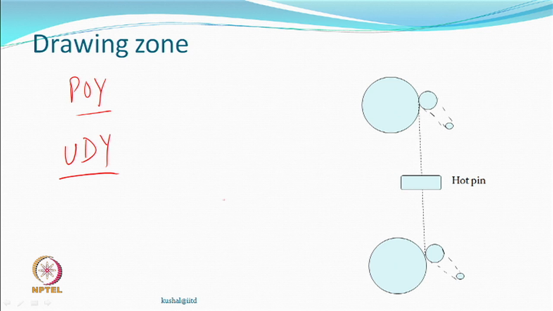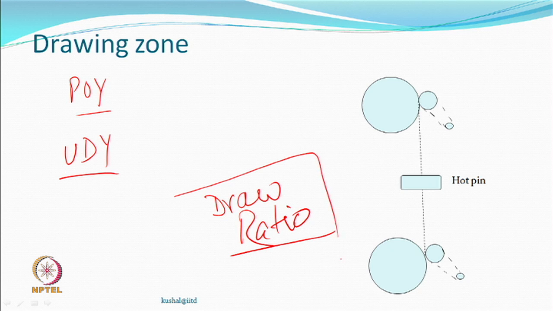So, you will give some amount of draw ratio here, based on the characteristic of the POY or undrawn yarn, so that finally you are able to get a fully drawn yarn at the end.